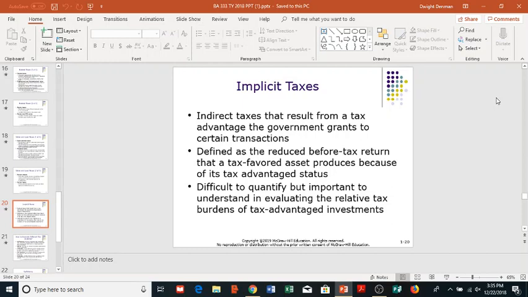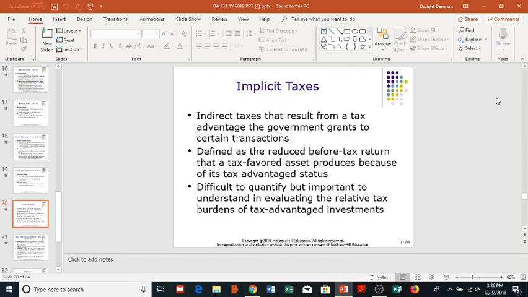Well, the perfect example is bonds issued by state and local governments. Bonds that are issued by state and local governments pay interest to the individuals or companies who buy those bonds, invest in those bonds.